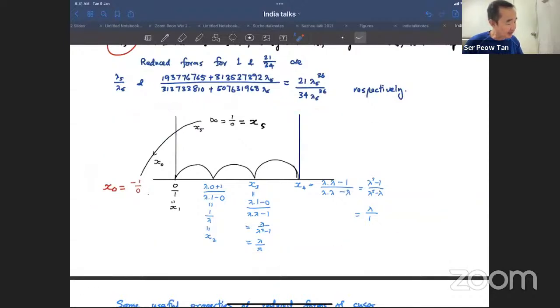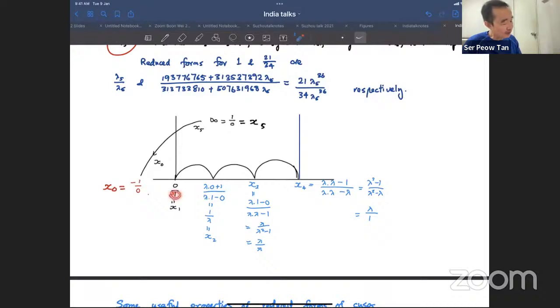In the first case, the reduced form for 0 is 0 over 1. The reduced form for infinity is 1 over 0, which is x5. So I write x0 as minus 1 over 0. Then to get x2, I take lambda times 0, subtract minus 1. So lambda times 0 plus 1 for the numerator.